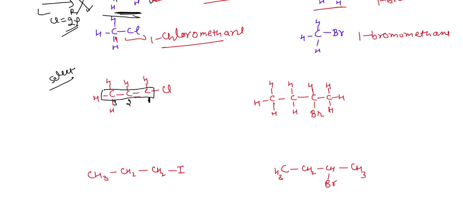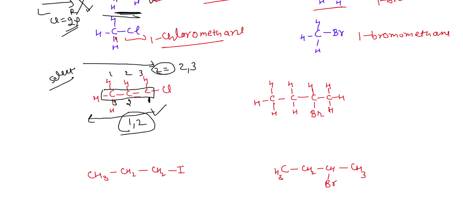When you do numbering from right to left, the locants are at the lowest position. When you do numbering from left to right, like this, 1, 2, 3, now the double bond is situated at the second position and the chloro is at the third position. Now the locants are 2, 3. But when going from right to left, the locants are 1, 2. So these are the lowest. So this is the correct way. The above one is the incorrect way.